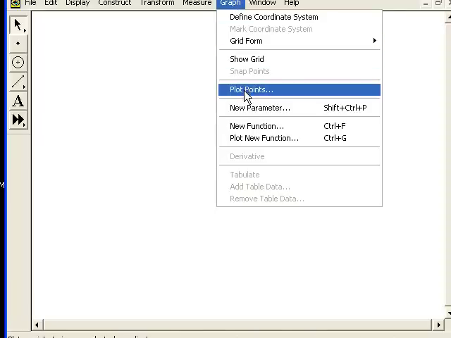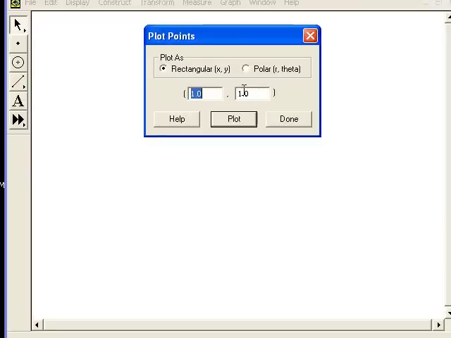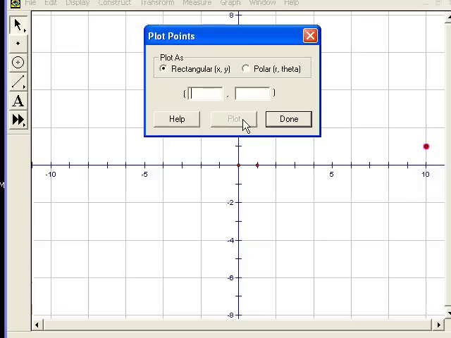So in Geometer Sketchpad, I'm going to plot this. I'm going to go plot points, and I'm going to just enter what the points were. So if I had 10 degrees and 1 meter per second squared in acceleration, I hit plot, and there's my point.